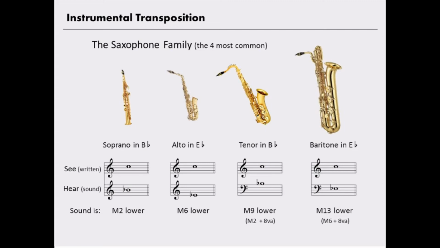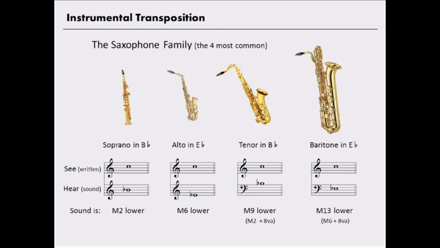The sax family also illustrates one of the central reasons why we have transposing instruments to begin with. Saxophone music is written in the same clef, and the fingerings are all very similar. If the music weren't transposed, a sax player who played different instruments would have to learn 4 or 5 or even 6 different fingerings and read staff notation over a 5-octave range.